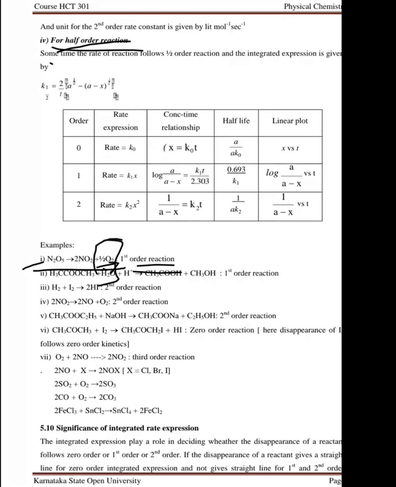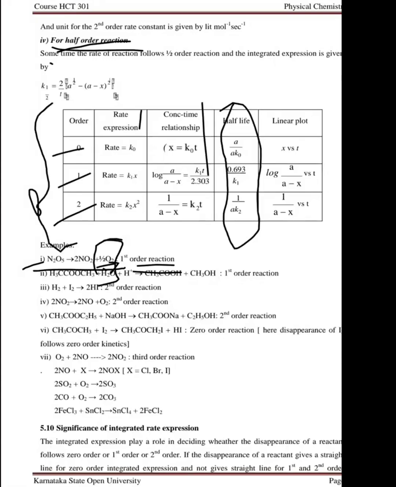So this is the tabular column for zero order, first order, and second order. This is the rate expression and concentration time relationship, this is the half-life time for each, and these are the linear plots that we have observed: x versus t, log a by a minus x versus t, and 1 by a minus x versus t.